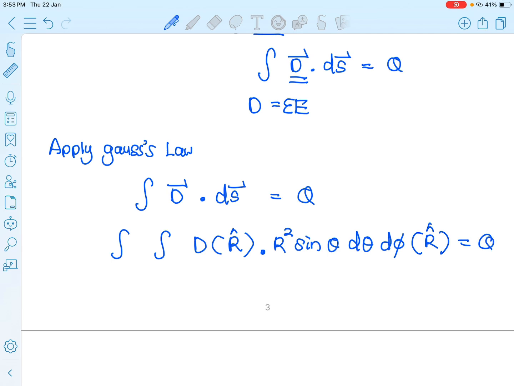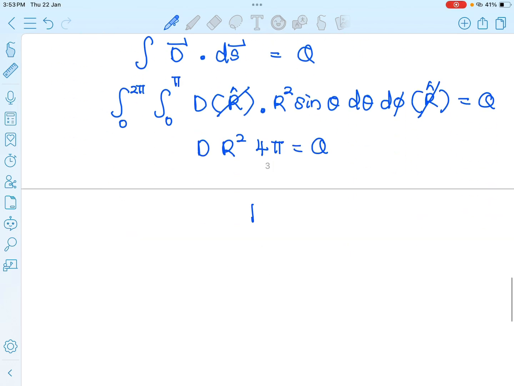It is equal to Q. The theta is 0 to pi, and the phi is 0 to 2 pi. Over here, you will usually get D r squared 4 pi, and over here it will be Q. So the E will be equal to Q over 4 pi r squared epsilon, in the r direction.